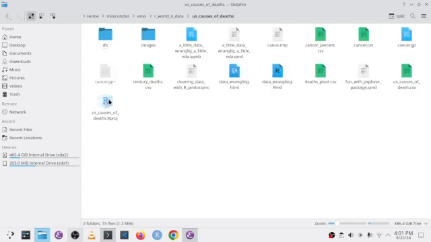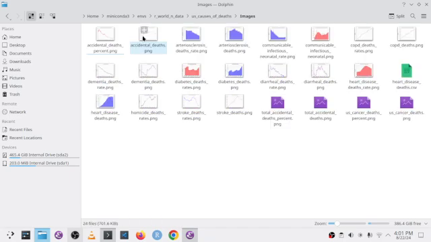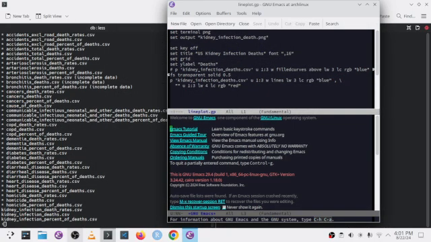Yeah. Images. Do we have kidney here? Okay, let's take a quick look over here. Because you see it's marked as kidney infection death.